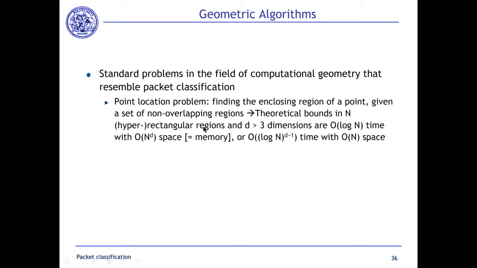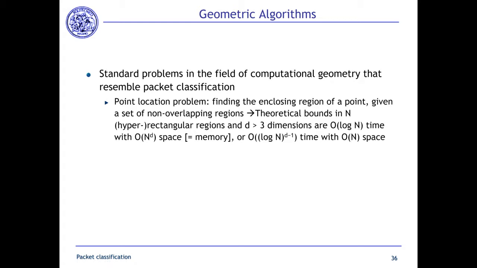So when the number of dimensions is more than 3, the theoretical bounds say that the complexity can be big O of log n in time when the complexity in space is big O of n power d, or you can have a complexity in time which is big O of log n power d minus 1, and in space you will have a complexity which is big O of n, so linear complexity.